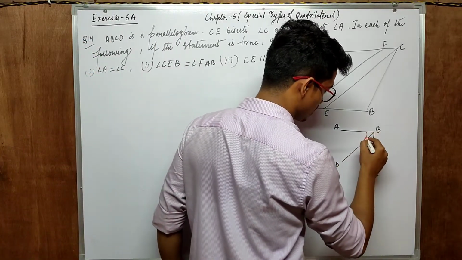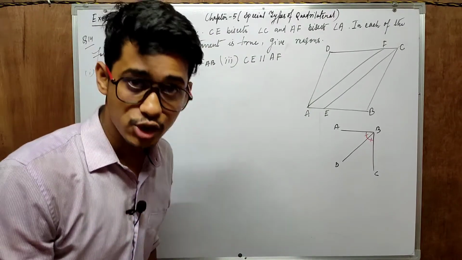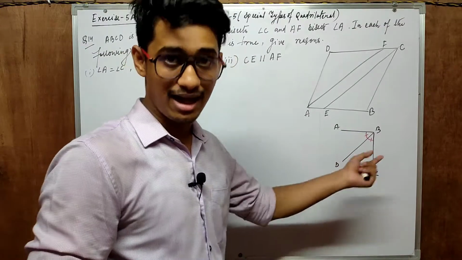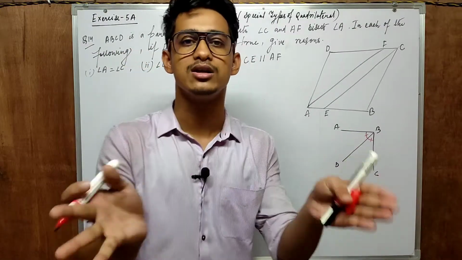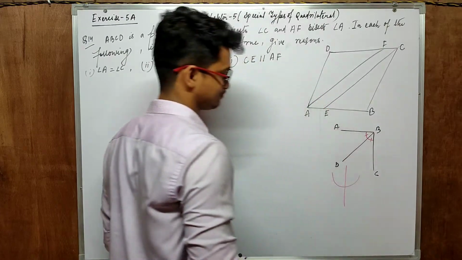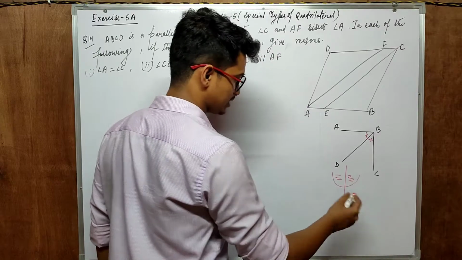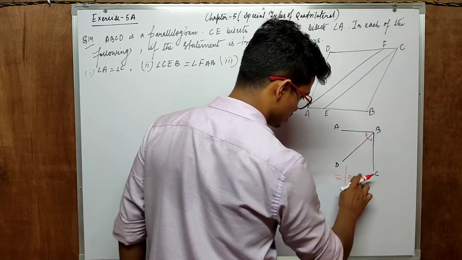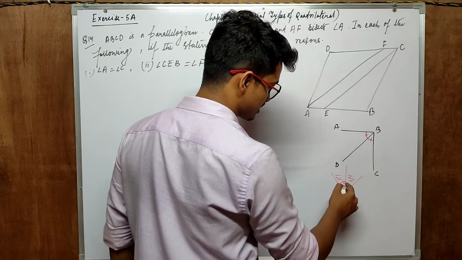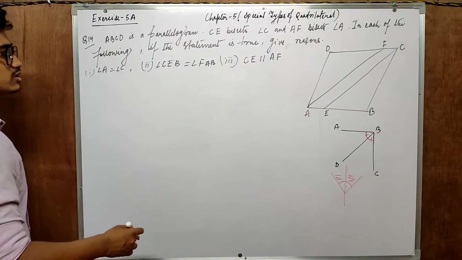Equal distribution means this angle is equal to this angle. Bisection means when the line is bisecting the angle, that line is creating two equal parts of the angle. This portion is equal to this portion. Like that, if I create one angle over here, this gap is equal to this gap. That's it.